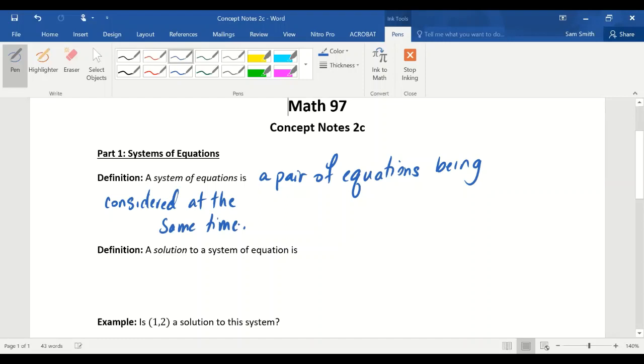Where this usually arises is, in life, we usually have multiple things that we're trying to do at once. For you as a student, you may also have some kind of job that you work outside of school. So maybe you have one goal, which is, okay, I want to pass my classes so that I can graduate. And you may have some other goal, which says, I want to do well at work so I don't get fired.